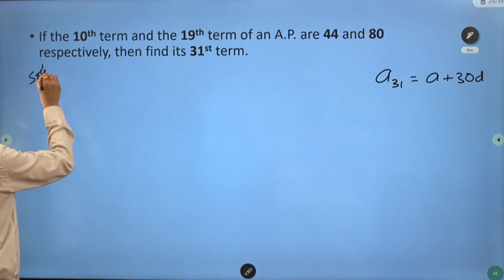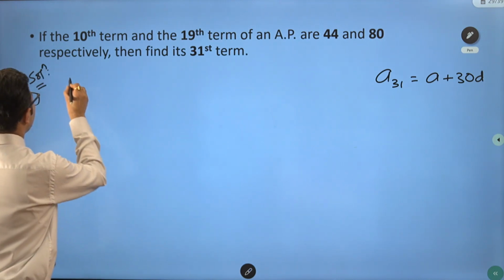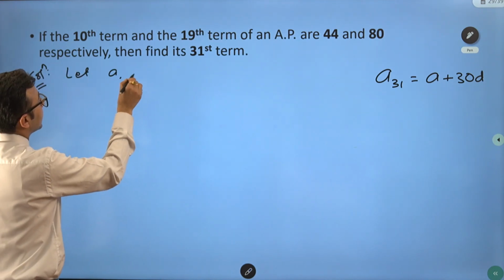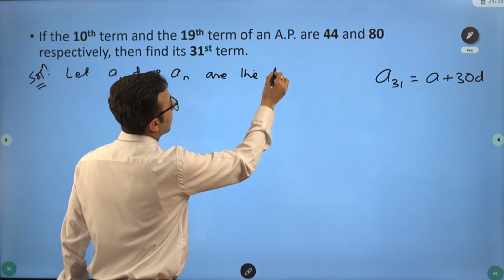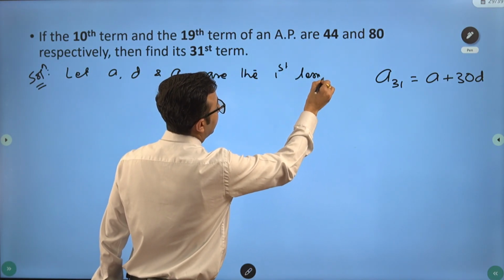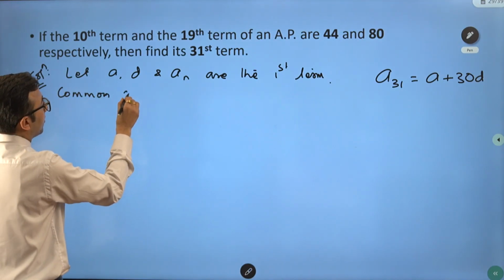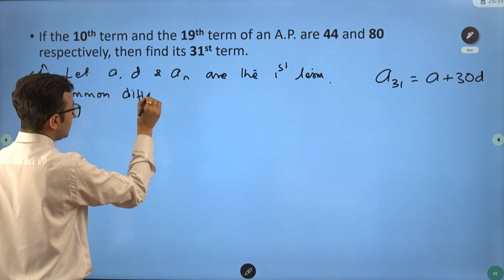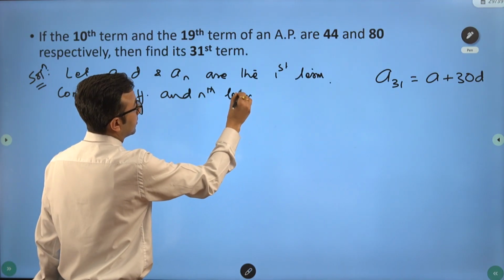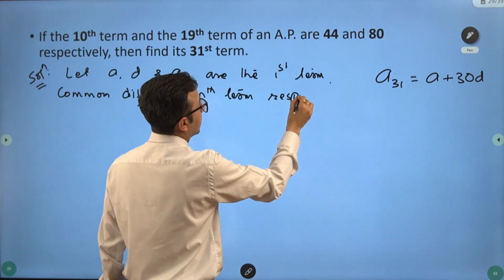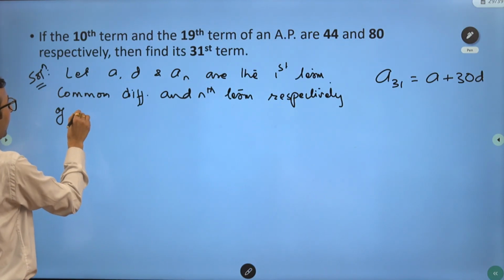First of all, do you know the first term? Do you know the common difference? We don't have anything. That's why we have to assume. Let A, D and AN be the first term, common difference and nth term respectively of an AP.